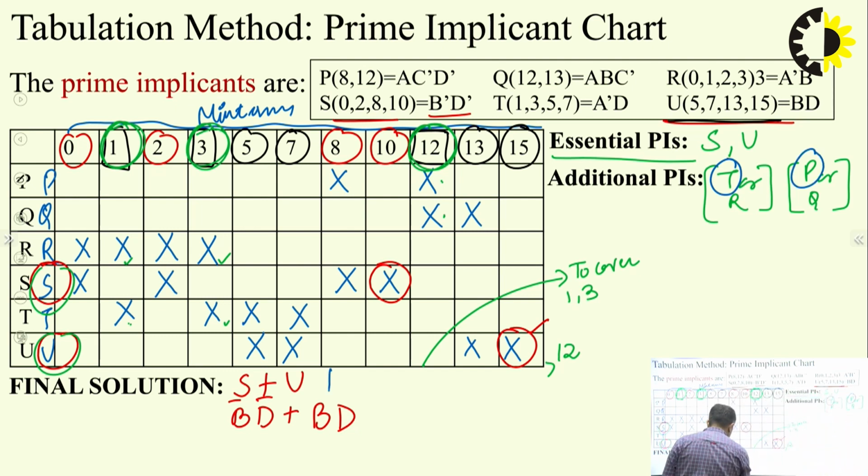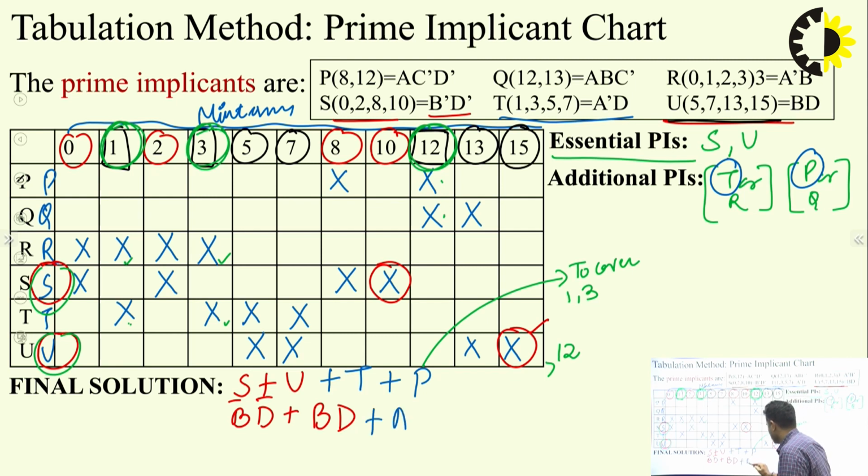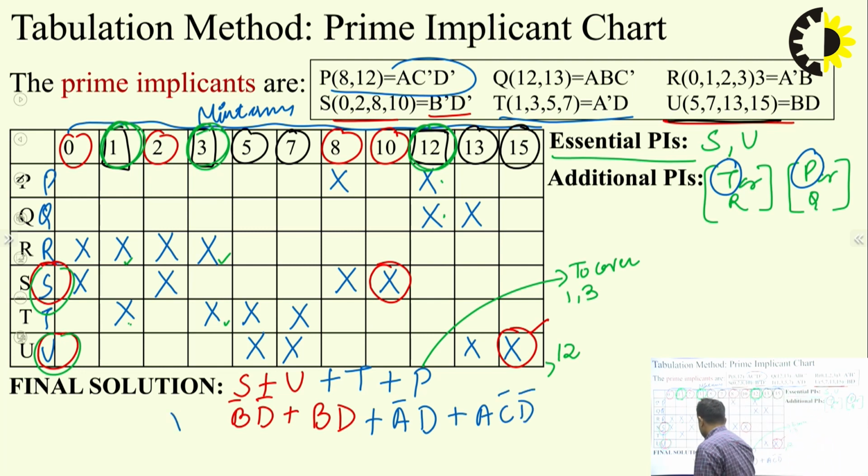So S plus U plus T plus P will be my answer. Writing T is 1357, that means A bar D, plus P is 812, corresponding A C bar D bar. So this is my final answer using this tabulation method.